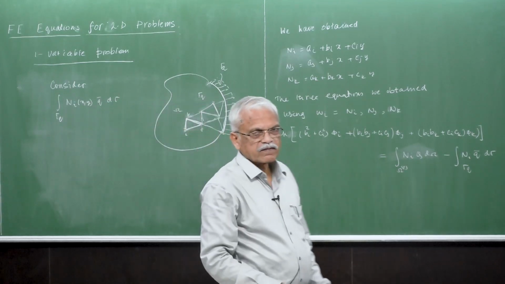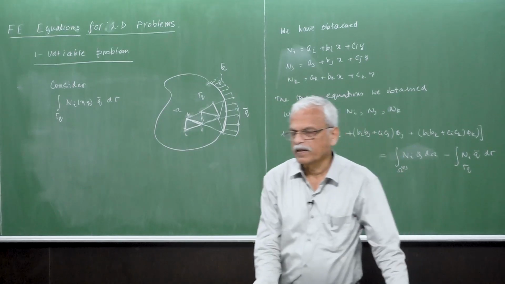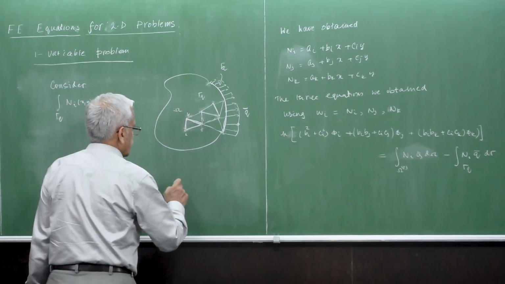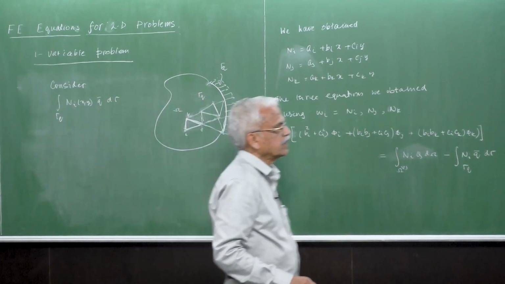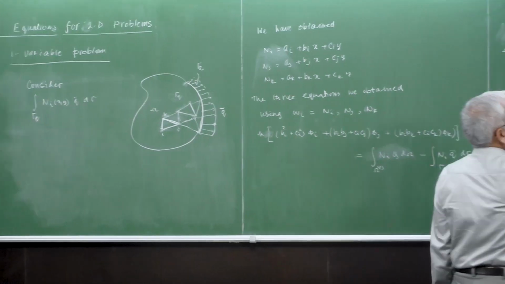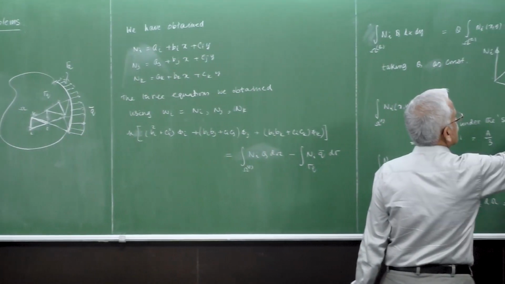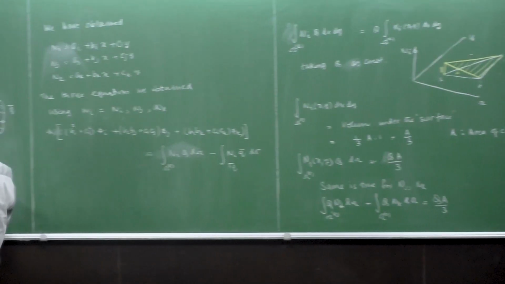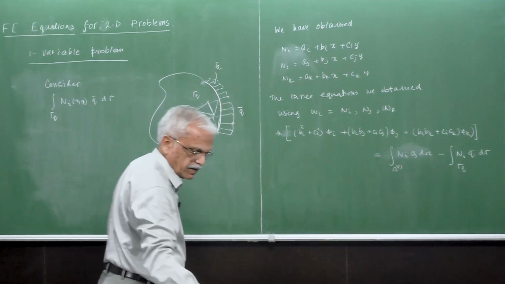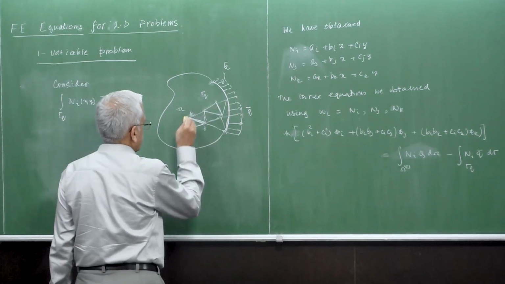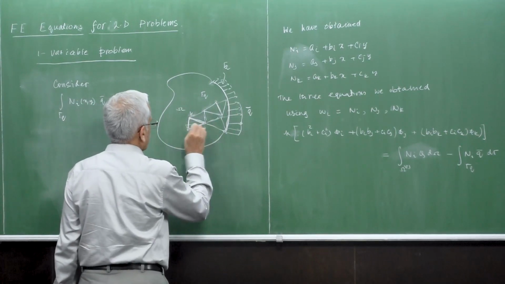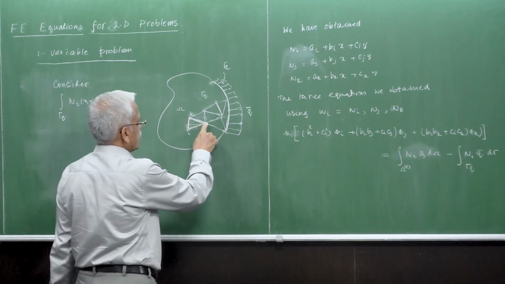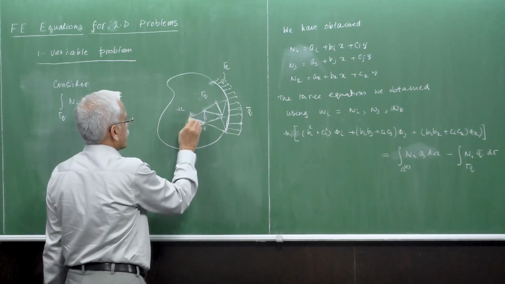Ni has a value of 1 here, and it comes down to 0 here and 0 here. If you draw it, you have a value of 1 here, and it slowly goes to 0 here and 0 here also.